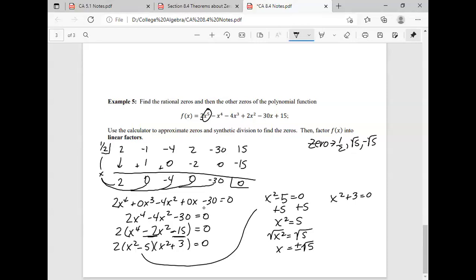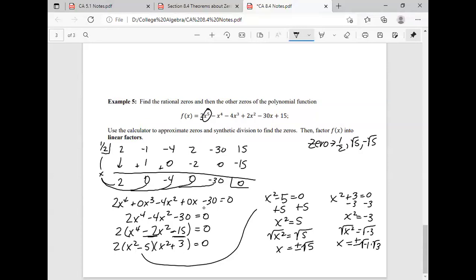Well, on that poly root finder that we just did, those would have been the numbers that were 2.23 something and negative 2.23. Okay, when I solve this, I can subtract 3, and I would get x squared is equal to negative 3. Get rid of the squared, you're going to take the square root. And remember that a square root has two answers, but this is the square root of a negative number.